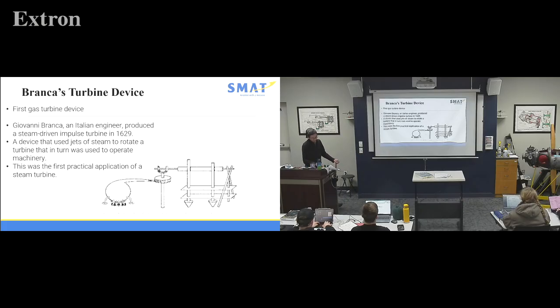Then Branca came up with a turbine device, Italian engineer, which also used steam to rotate turbine blades, and it was used to operate a giant stamping machine. His was the first practical application of a steam turbine.